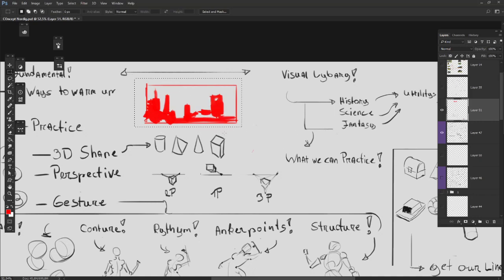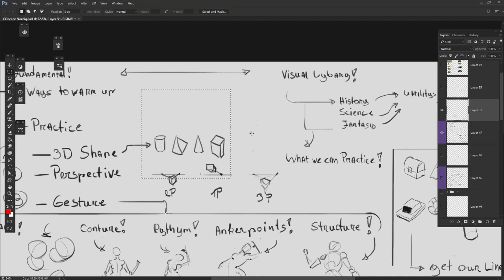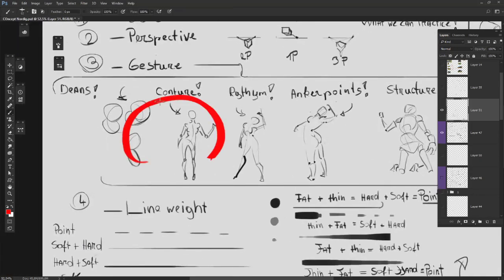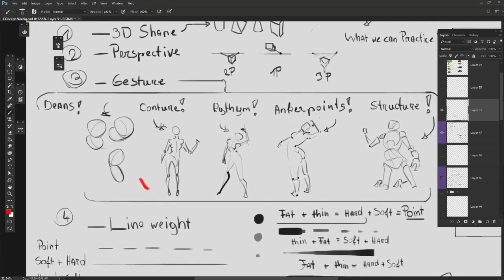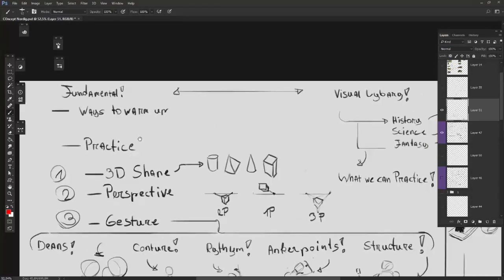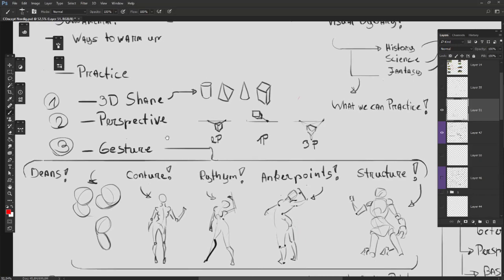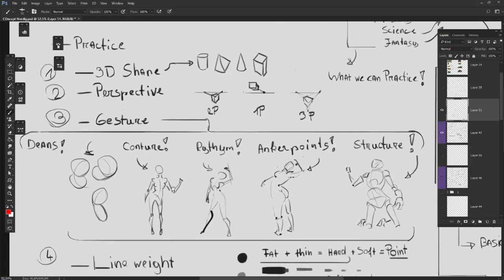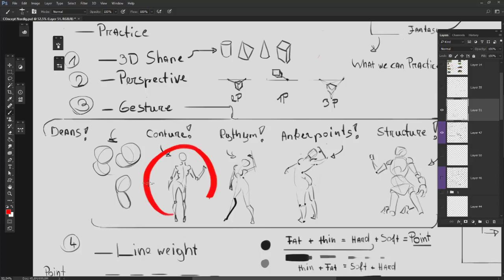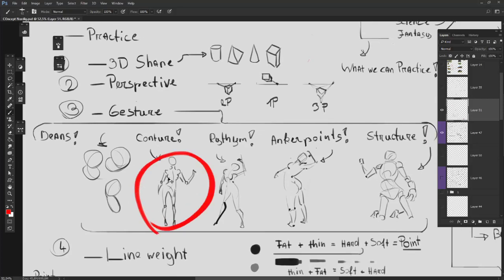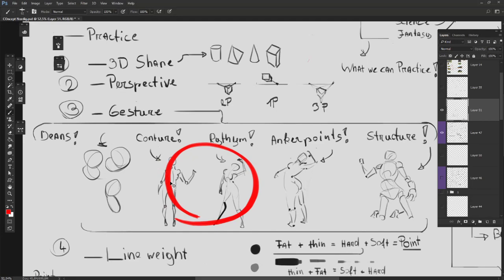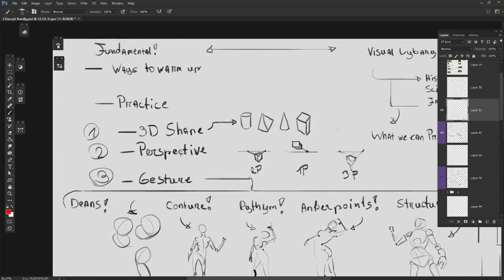For example, as an animator, the most important thing is having gestures or warming yourself up with frame gestures. Versus, let me pretend we have different types of sections. The concept artists, in terms of characters, need to do a ton of gestures, warming up with gesture.